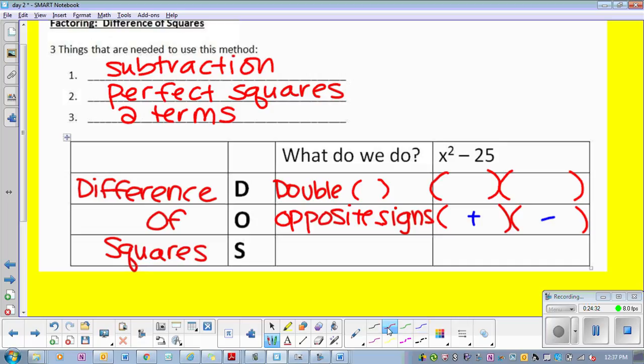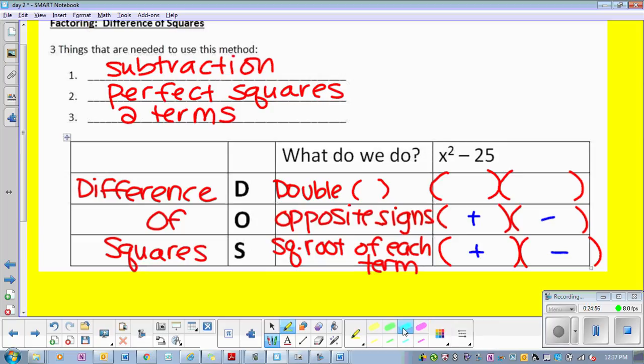And squares. You need to take the square root of each term. Okay? 1 plus, 1 minus. Here's my example right up here. X squared minus 25. What is the square root of x squared?